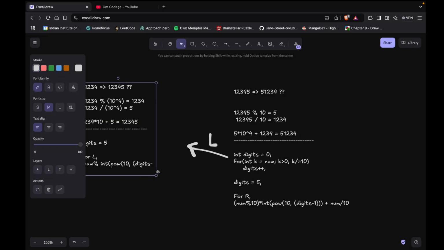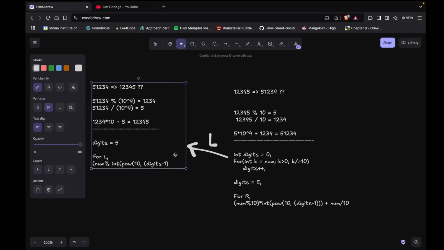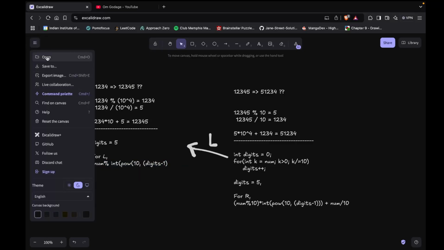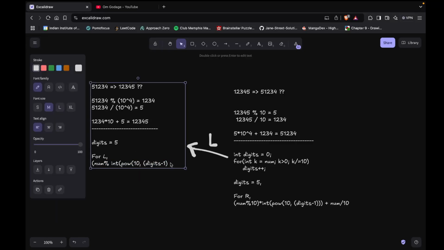Okay, how do I close this? Okay, fine. And then this whole thing, 123, will be multiplied by 10 plus you have num by int pow 10 digits minus 1, 123.